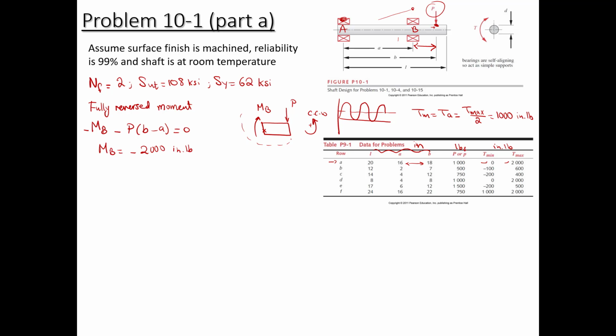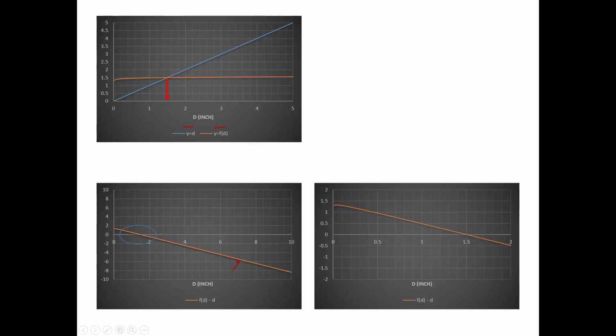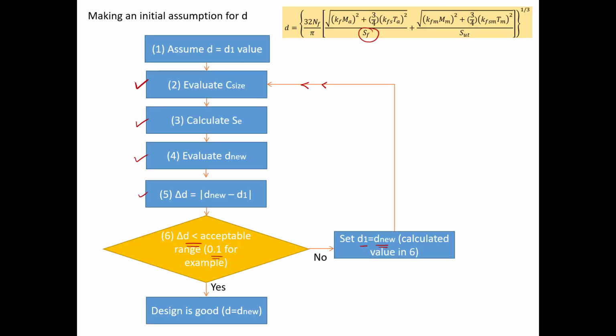Now it's fluctuating, that means MA is equal to M max, it's 2000 inch pound, and the mean value is 0. Okay, this is a fully reversed moment. Now I dropped the sign. If you look back into your equation, you can see the moments and the torques are each under a square, so that's going to resolve that issue.